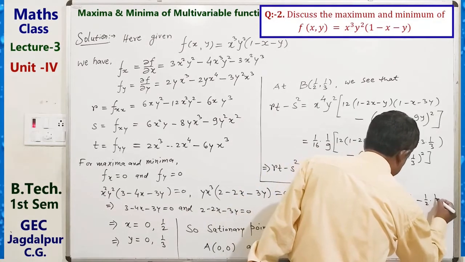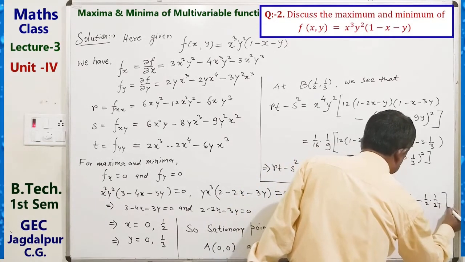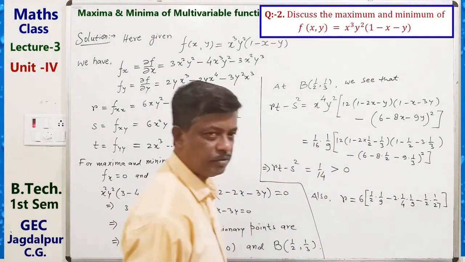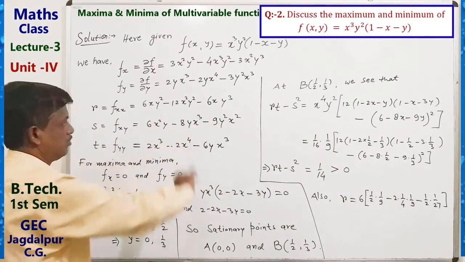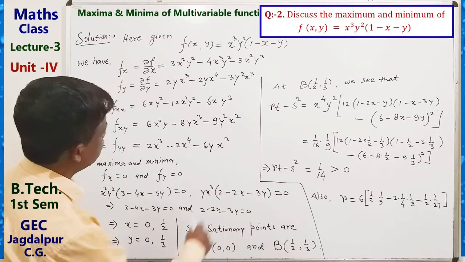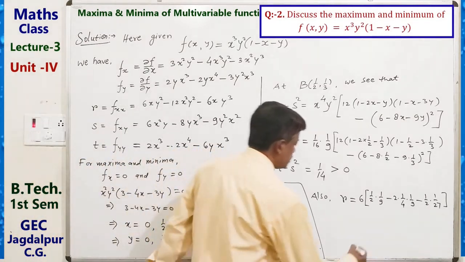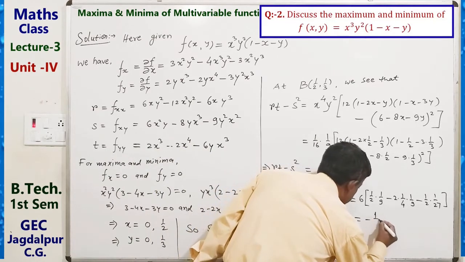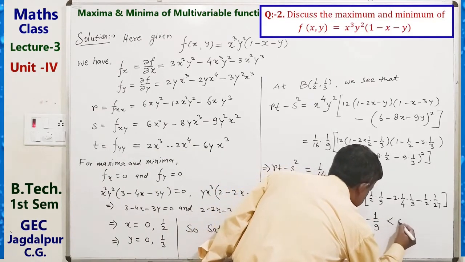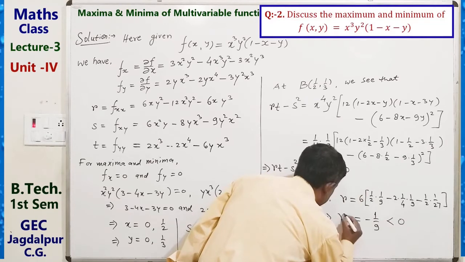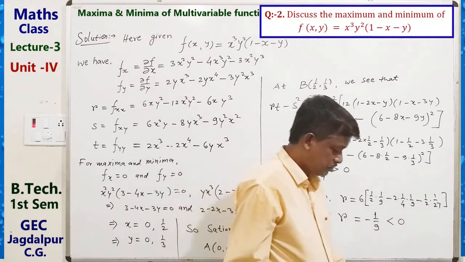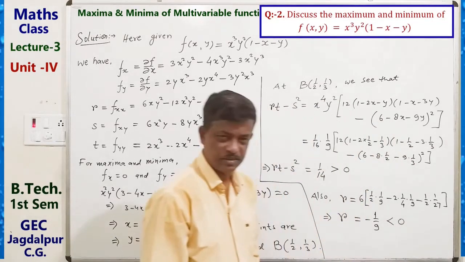Here y cube is 1 by 27 and x cube 1 by 2, so this is equals to minus 1 by 9, less than 0. R is equal to minus 1 by 9, less than 0.